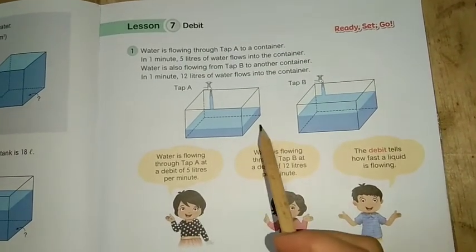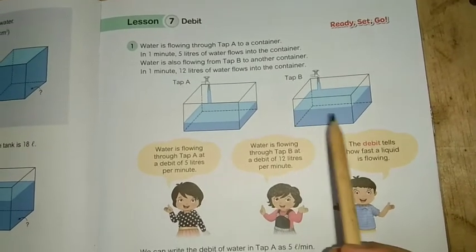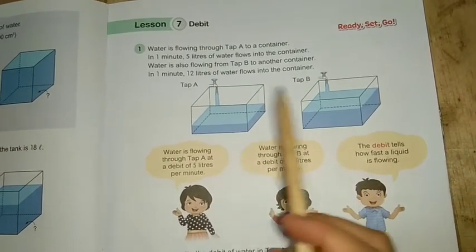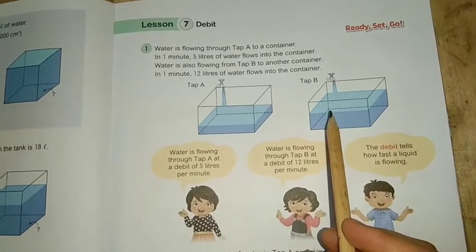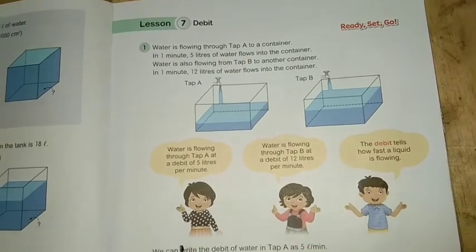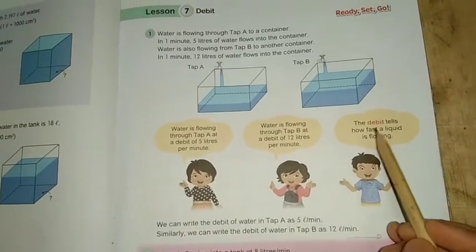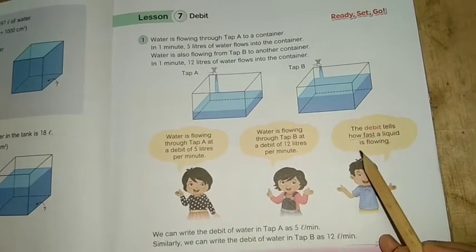In the same time, which liquid flows faster? Of course, tap B. Why? Because more water flows in tap B. So one more time, when we talk about debit, we talk about how fast a liquid is flowing.